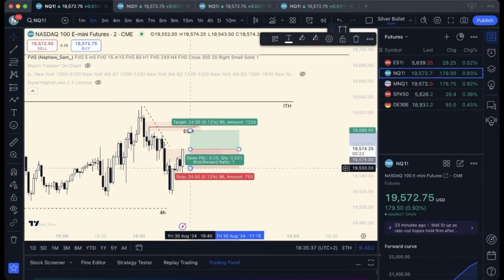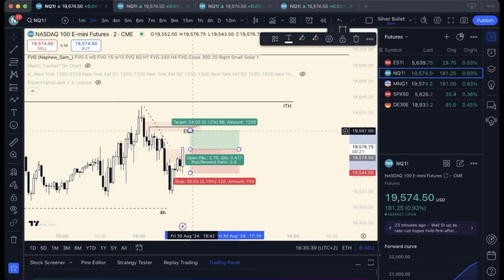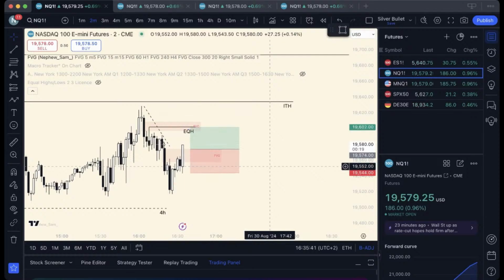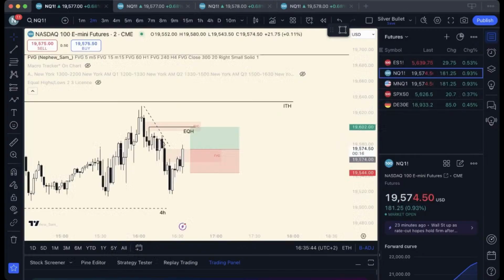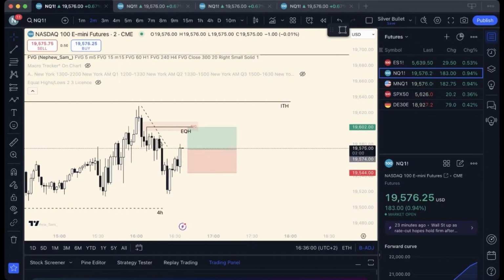But as said, I am willing to risk another time because of the SMT. It's still valid. So if we inverse this 2 minute, so I'm going to take another snap long.